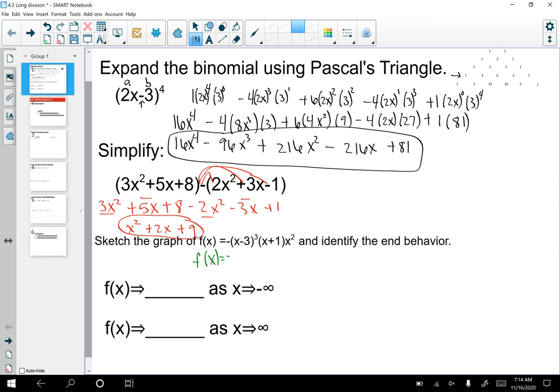I'm going to rewrite, so we have that negative, and x minus 3 cubed is x minus 3 times x minus 3 times x minus 3. Then we have x plus 1. That's just 1, so that stays the same. And here we have x squared, which is x times x.